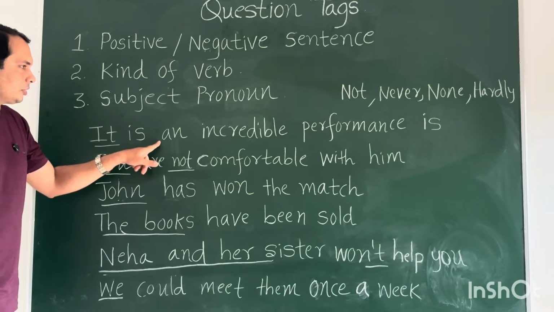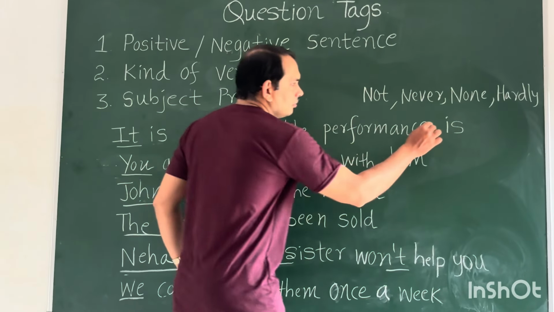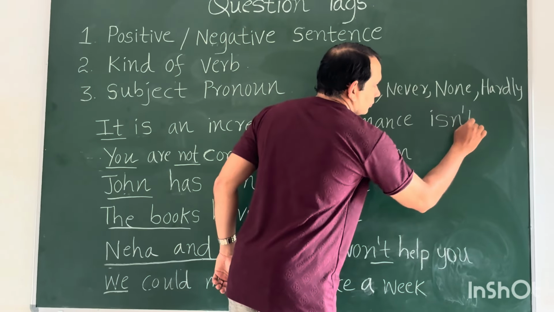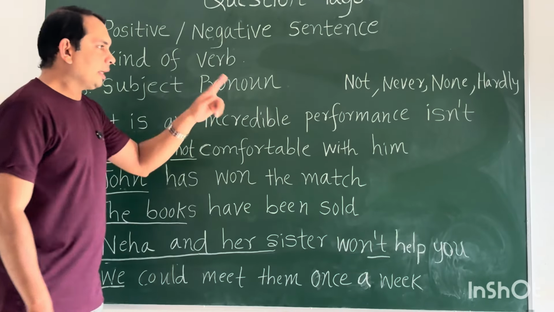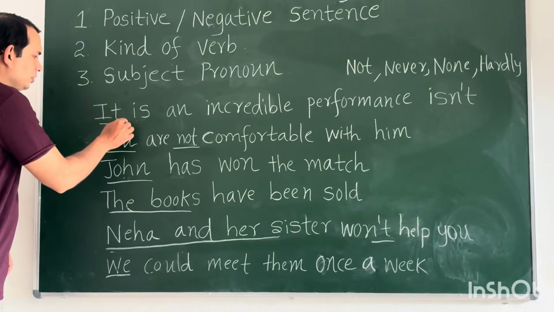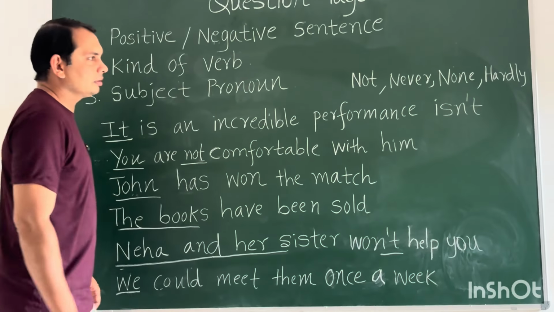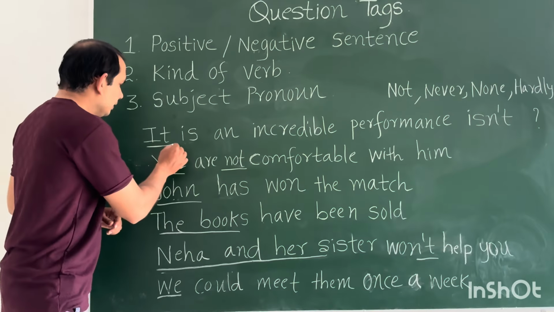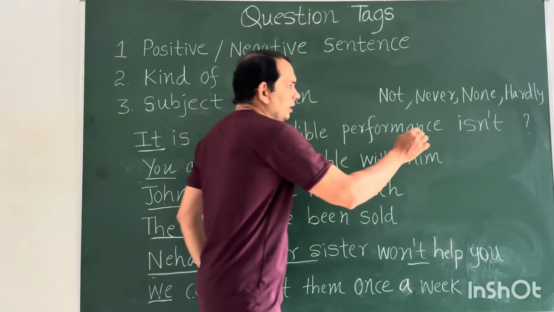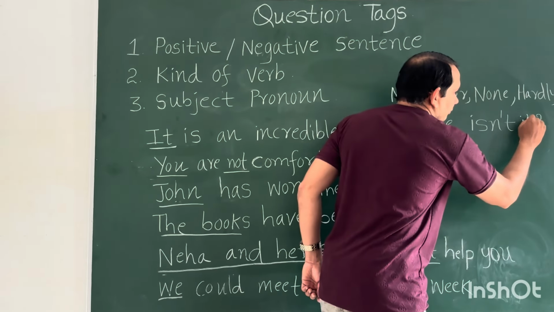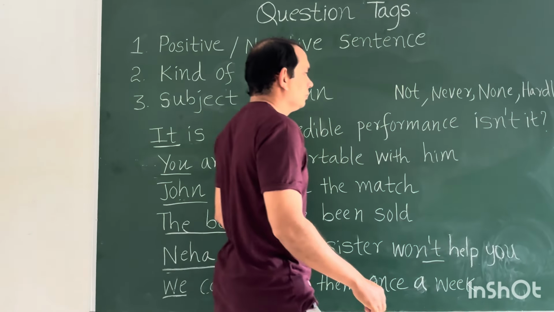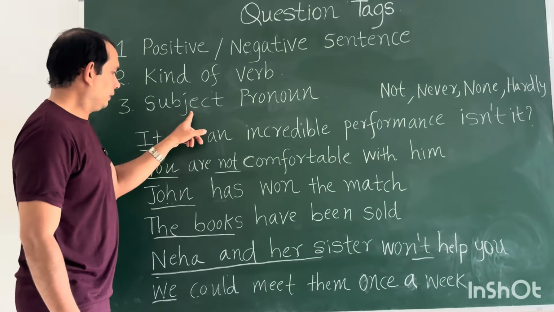Since this is a positive sentence, we add not. After writing isn't, we need to write the subject. The subject in this sentence is it. We have to write the subject here, the pronoun. That is point number 3.